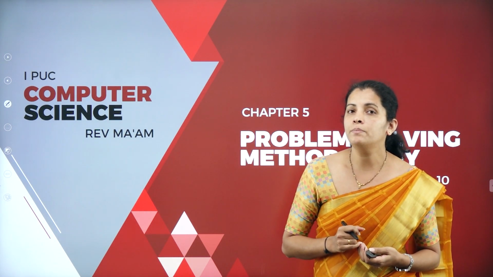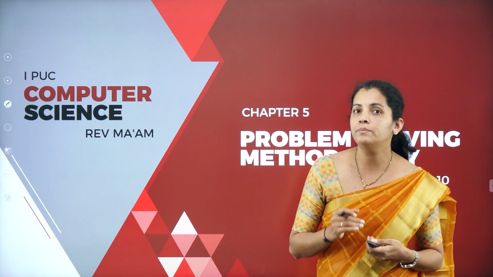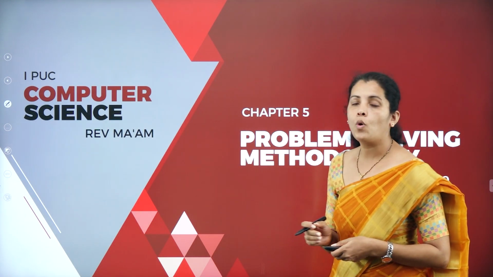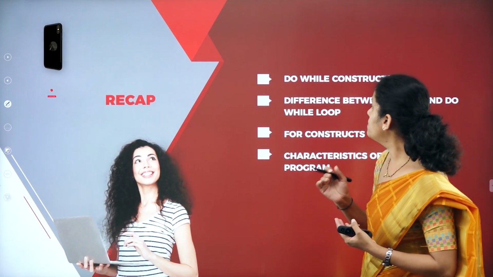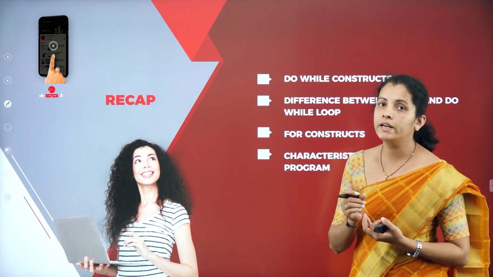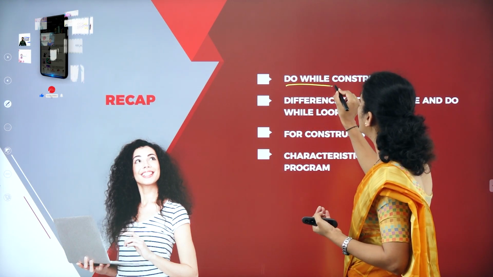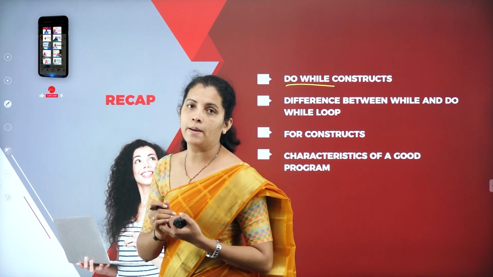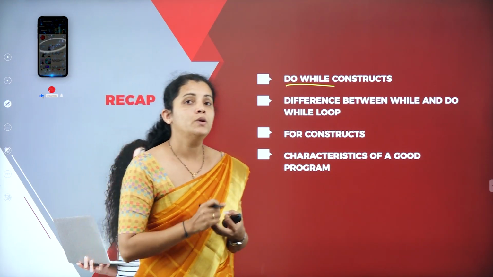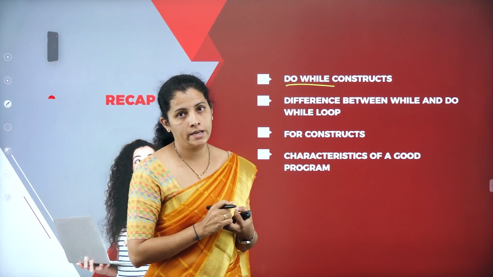Before going to start today's session, let me recall what I had discussed in my previous session. In my previous session, I started with how to write do-while statements in my program. Now tell me, what is a do-while statement?